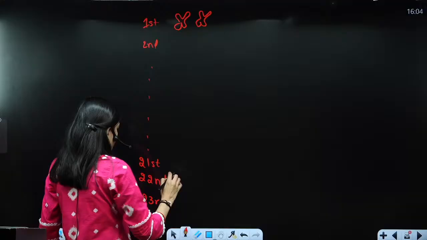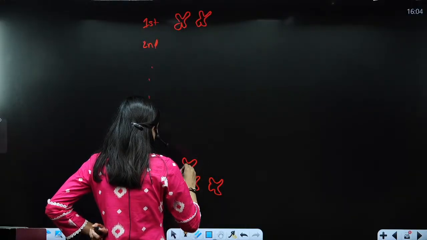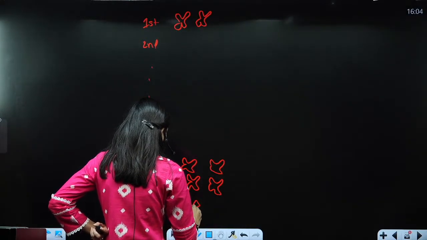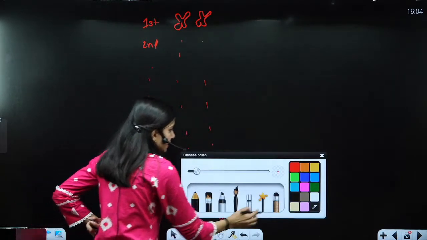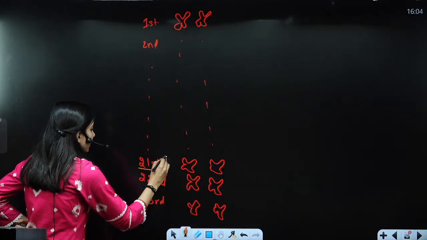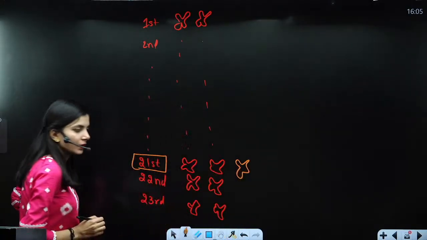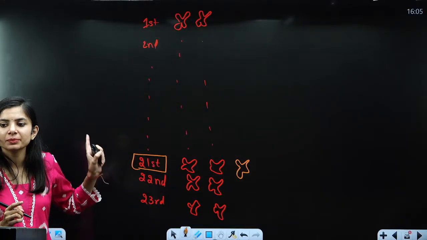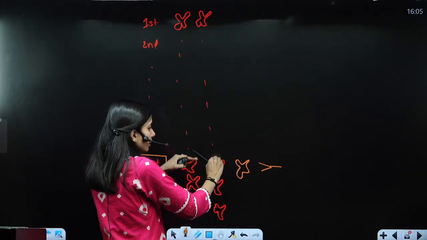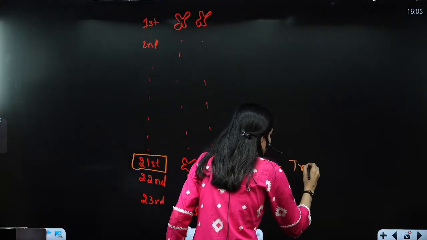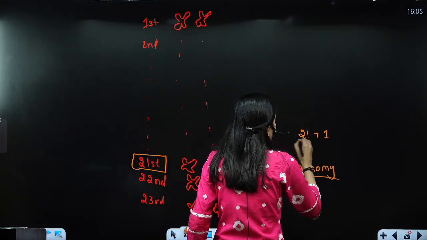That's how we have the chromosomes. Now exactly at the 21st chromosome place, another chromosome is added. Because of this added chromosome, there are three similar chromosomes. That's why it is called trisomy.